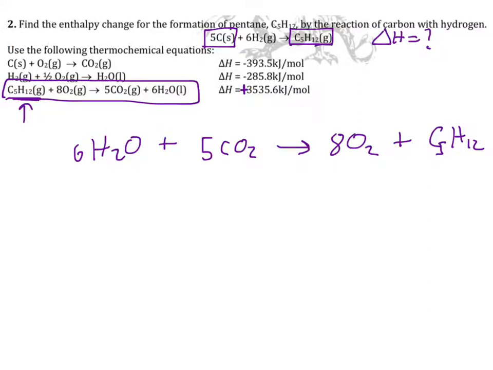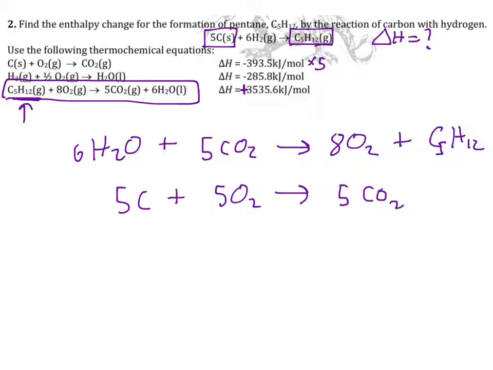And so the way you fix that is by multiplying everything by 5. So if we're multiplying everything by 5, we're going to end up having 5 carbons plus 5 oxygen gas, yielding 5 carbon dioxides. And because we multiplied everything by 5, we need to multiply the delta H by 5.